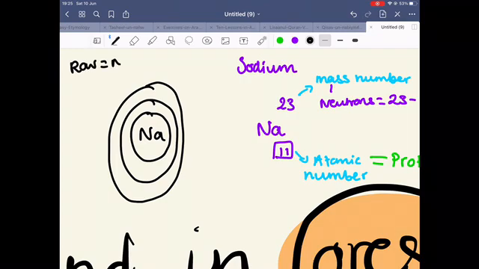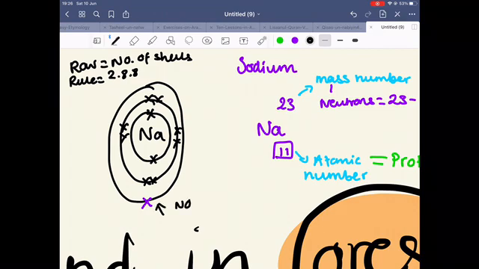Okay, so we're going to draw sodium now. So sodium is in row 3 of the periodic table, so it has 3 electron shells, so I'm drawing 3. And I know that the rule for the electronic configuration, how many electrons we can fit on each shell, is 2, 8, and 8. So the first one, we draw 2 electrons, second, 8. And then the outer shell, I know that the number of electrons is the same as the group it's in.